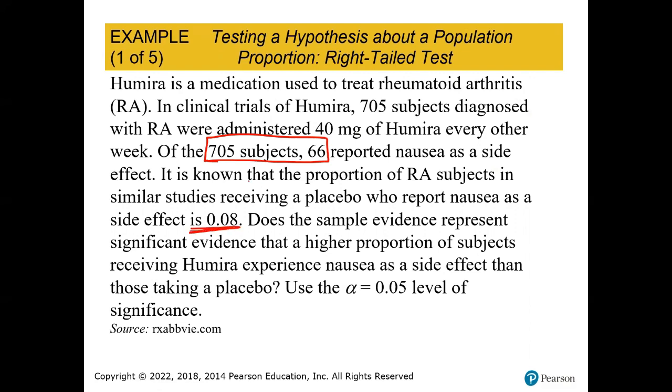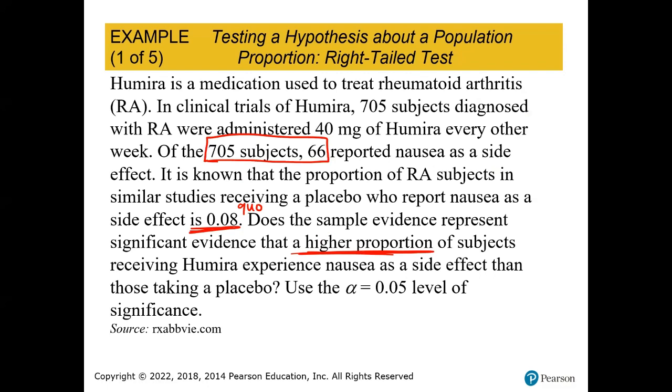So this is what we know. This is our status quo. The sample evidence represents significant evidence that a higher proportion of subjects receiving Humira experience nausea as a side effect from those taking placebo. Use the alpha of 0.05 level of significance.